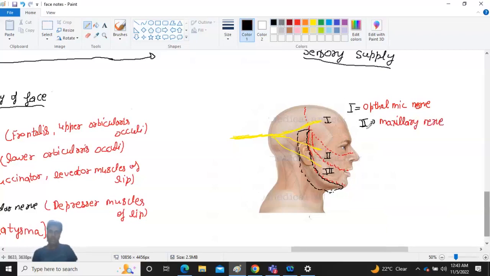And the third, last area is again supplied by the sensory trigeminal nerve, which is called the mandibular nerve. These are the branches of the trigeminal nerve.